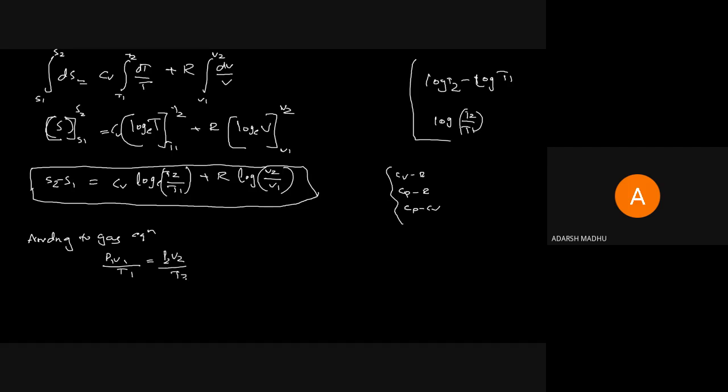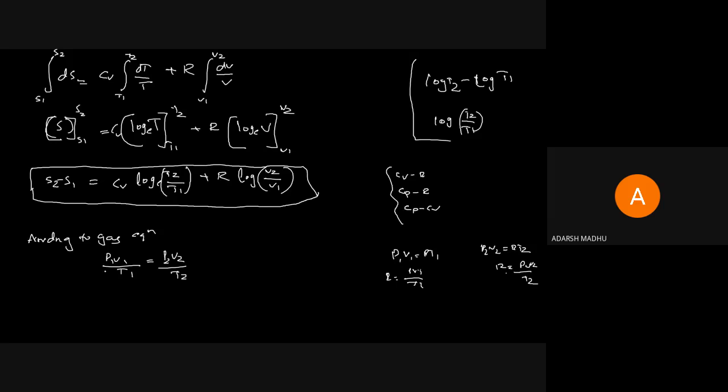That is PV equal to RT: P1 V1 equal to R T1, and P2 V2 equal to R T2. So R equals P1 V1 by T1, and R equals P2 V2 by T2. We can equate the terms: P1 V1 by T1 equal to P2 V2 by T2.